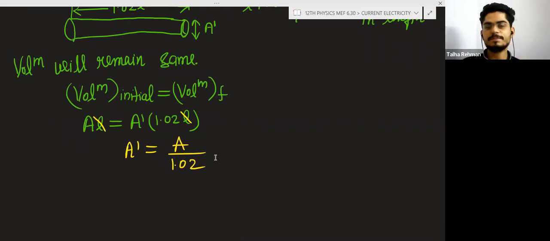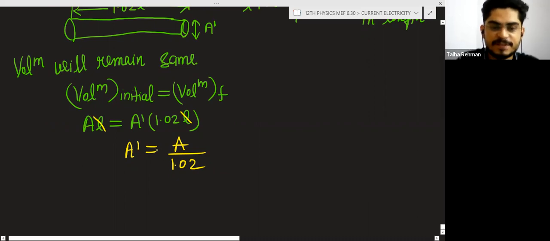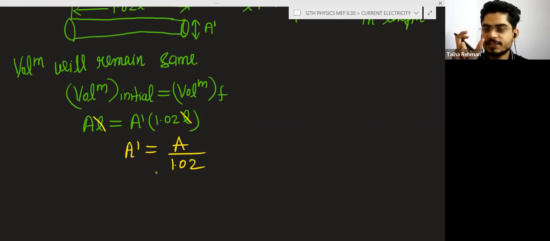Now they are asking the percentage change in resistance. So always remember that percentage change is the total change in resistance divided by the initial resistance.